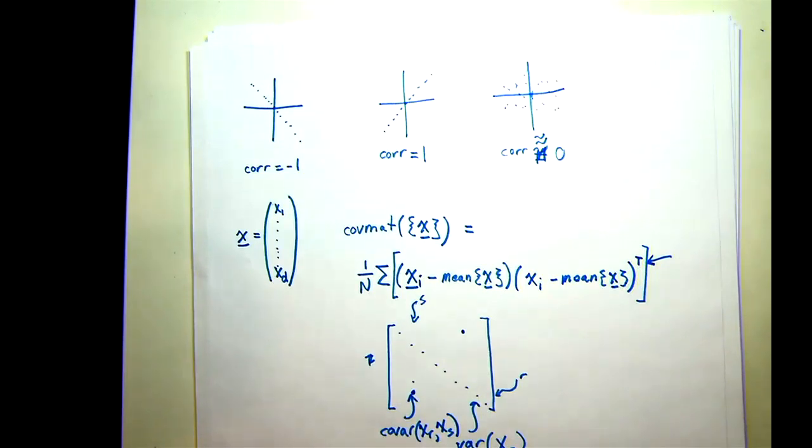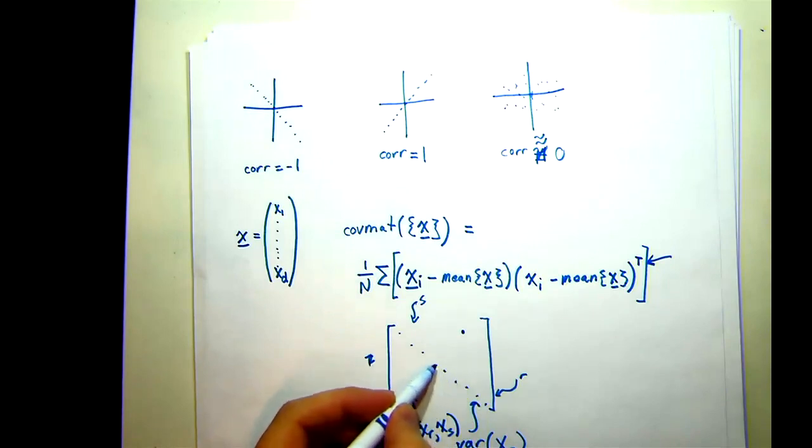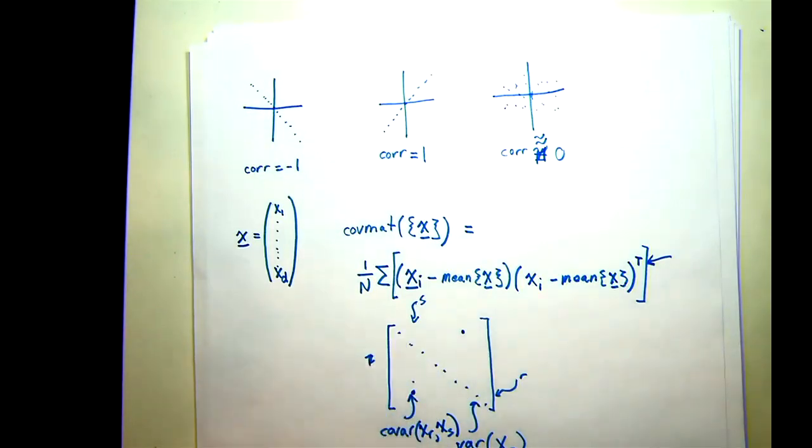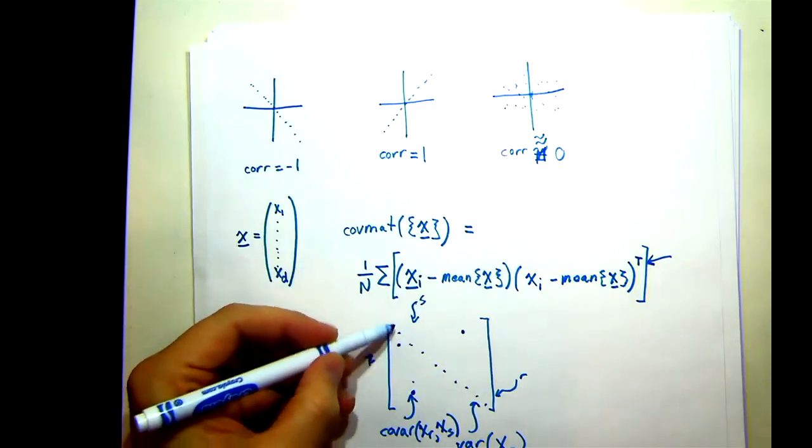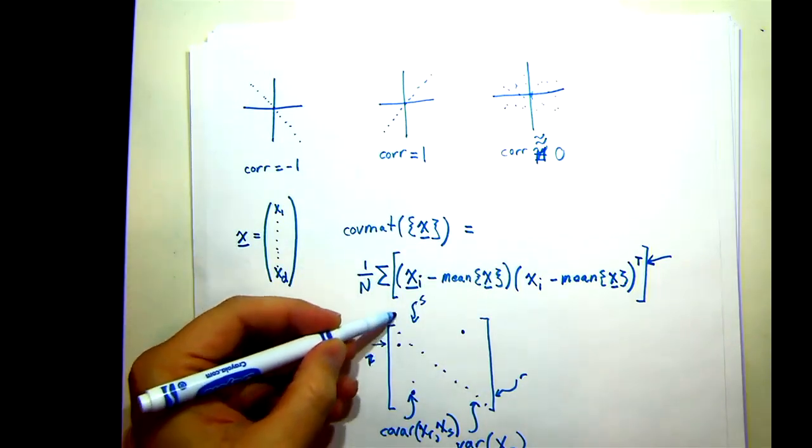So you end up getting a square matrix. Along the diagonal will be the covariance between a component and itself, which is just the variance. And off the diagonal, like right here, you would have the covariance of this component and this component.